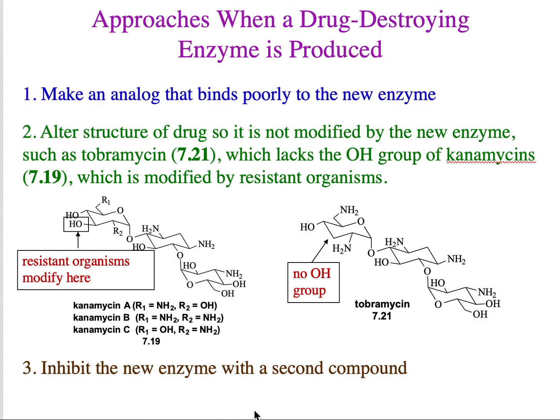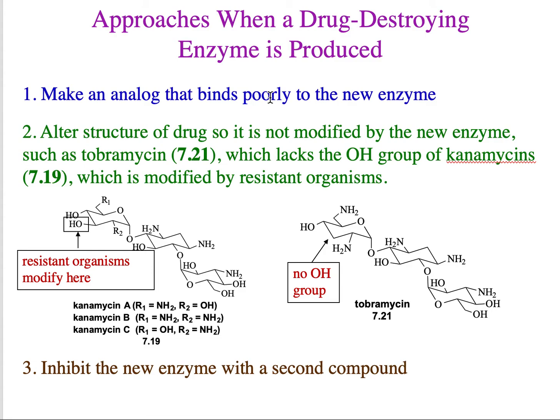So what this slide is telling you is these are some medicinal chemistry approaches that we can use when we realize that there is drug resistance in a population, say that we're seeing drug resistant bacteria, for example.